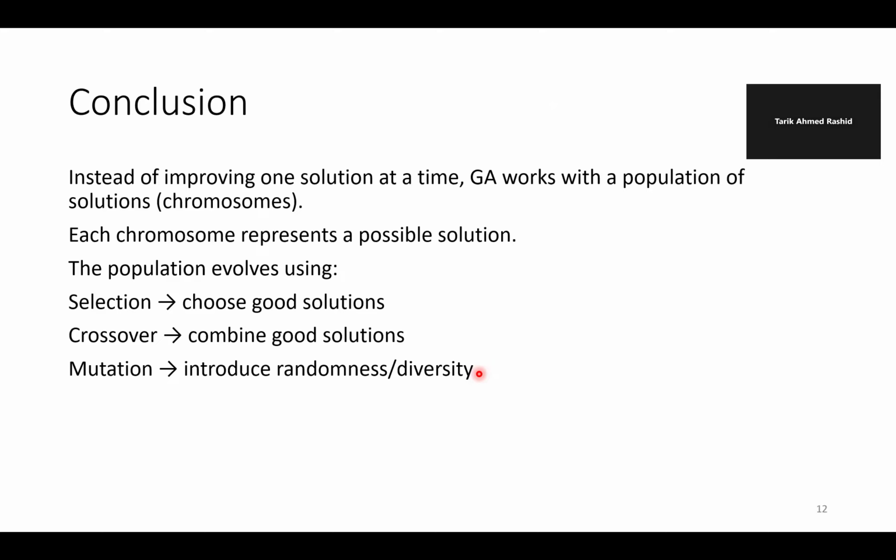Each chromosome represents a possible solution, an individual. The population evolves using these operators. Selection, choosing good solutions. Crossover, combining good solutions. And mutation, introducing randomness and diversity.